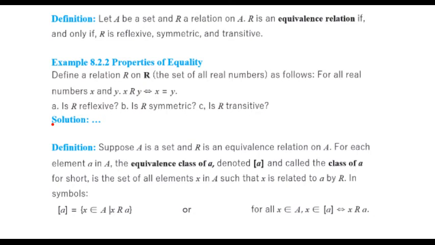So that's the definition of the equivalence class of a, or class of a, which we define for every equivalence relation like R, which is defined on a set like A. Okay, so that's a very, very important definition. In the next slide, I'm going to show you a very interesting example of equivalence class.